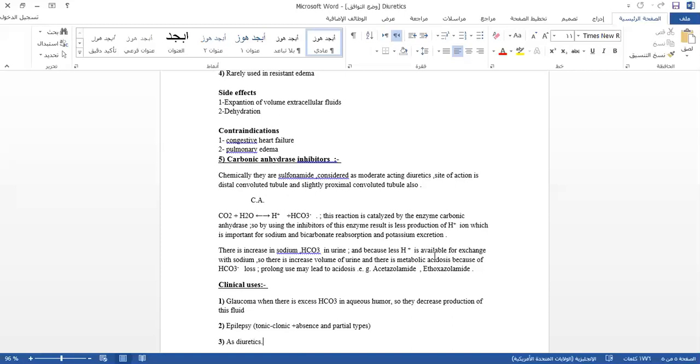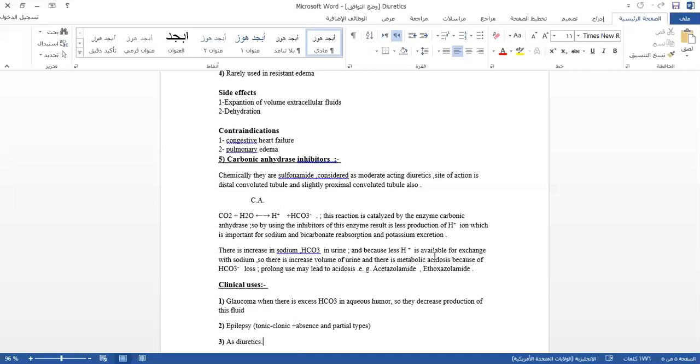That is, if there is inhibition of the enzyme carbonic anhydrase, it leads to decreased hydrogen ion availability, which is important for reabsorption of sodium bicarbonate, leading to increased excretion of them in the urine with potassium sparing. This leads to loss of sodium as a diuretic, considered a moderate diuretic effect, with loss of bicarbonate leading to metabolic acidosis.